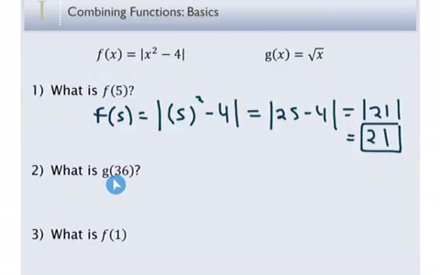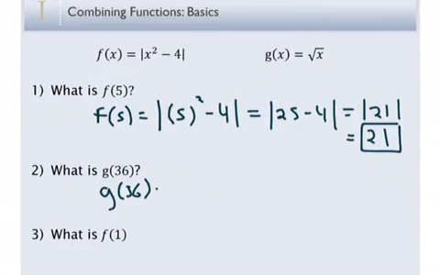What is g of 36? So I find my function g, here it is. I've got 36, and I want to plug 36 into every x. What do you get when you perform that operation? So hopefully at this point you know that it's going to be g of 36.